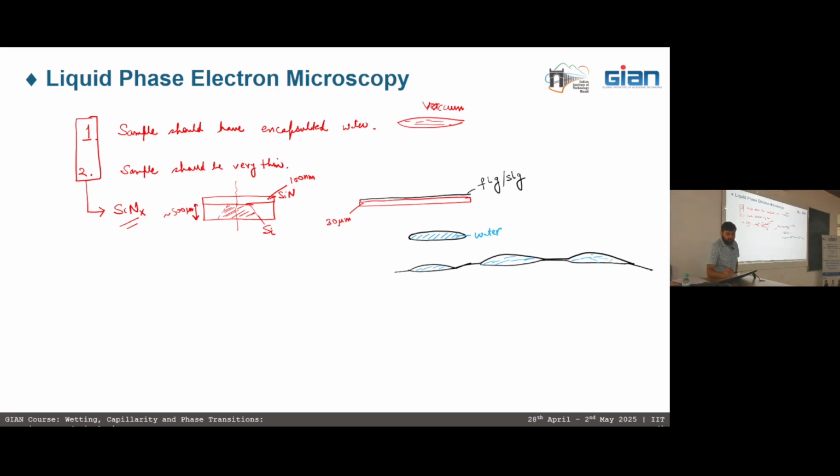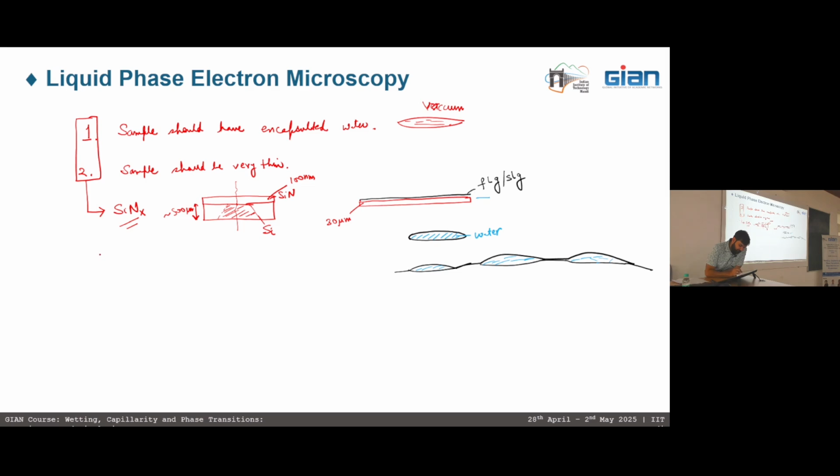Now, how do we get from here to here? At one stage, we have simple few layer graphene on a copper substrate, and on the other side, we have water encapsulated between the graphene layers. So what we need to do is, I'll of course show it using a sketch here.